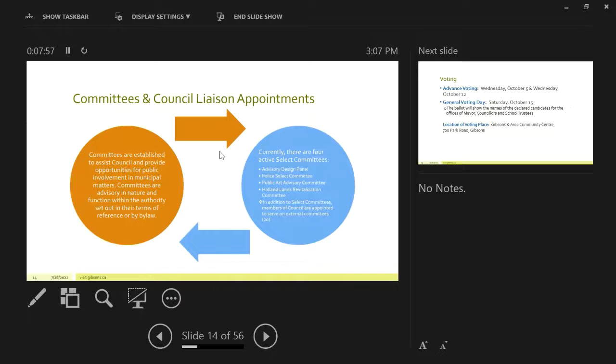There are currently 4 select committees that are active: the Advisory Design Panel, the Police Select Committee, the Public Arts Advisory Committee, and the Holland Lands Revitalization Committee. The select committees are appointments through council. That is done every year, I believe. Yes.